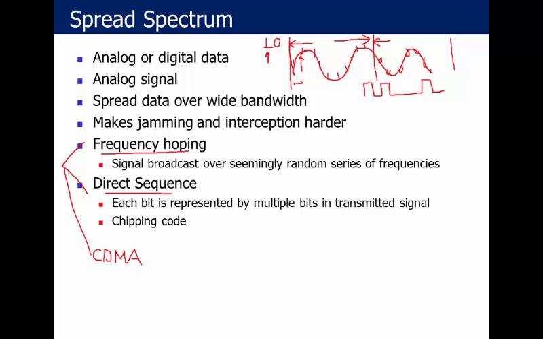So, for example, for one bit, if we have, let's say, 8 chips, each small data set here is called the chip, right? Oh, here, chip encode. So, okay, we'll look at that.